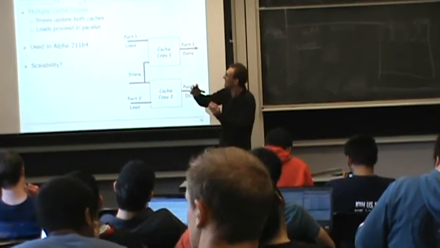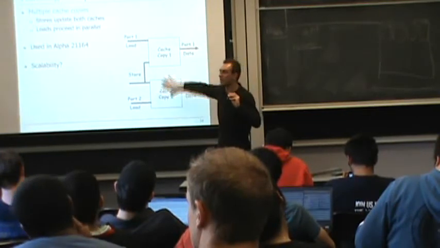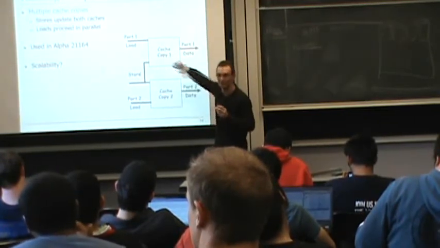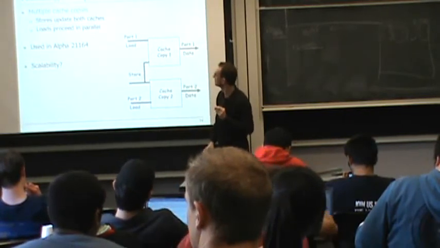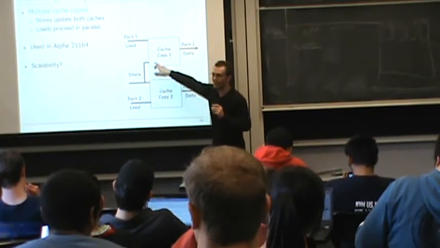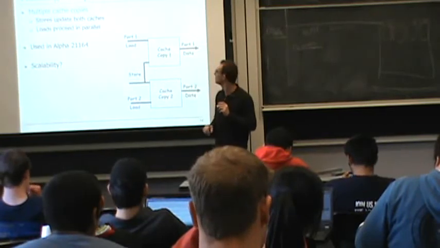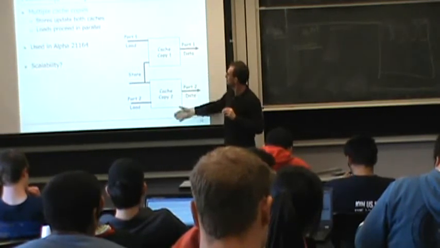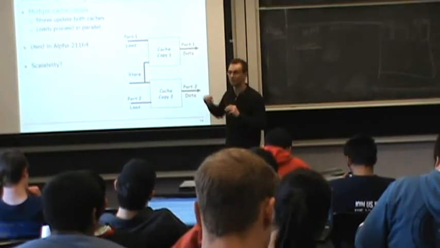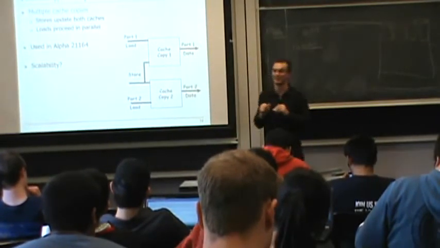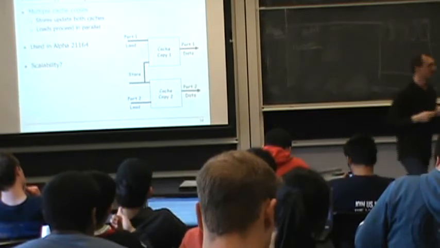You replicate it at a higher level, at the memory block level, the entire cache level. Now you can have multiple accesses in the same cycle. The problem is when you're storing, again, you need to store to all of these. And of course, if you want 16 ports, you have 16 copies of your 64 kilobyte cache. That's a little expensive in terms of area.